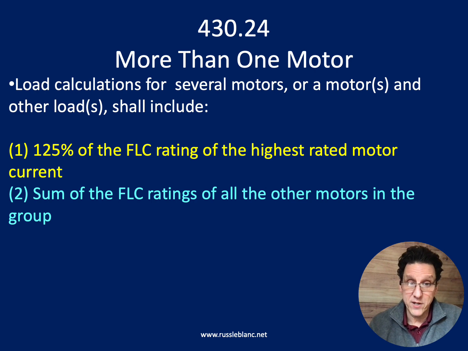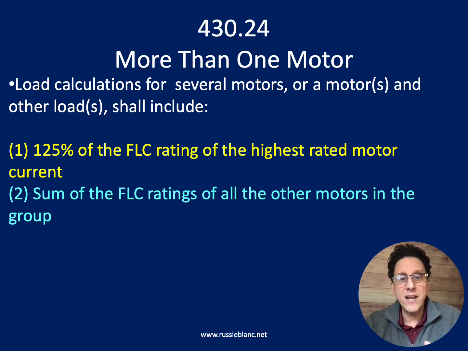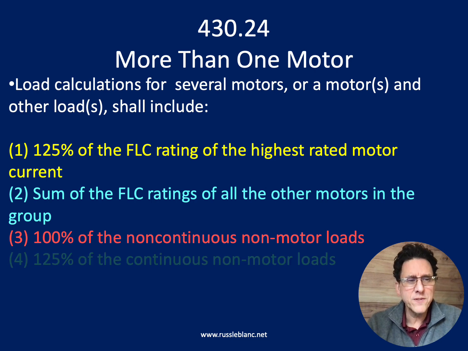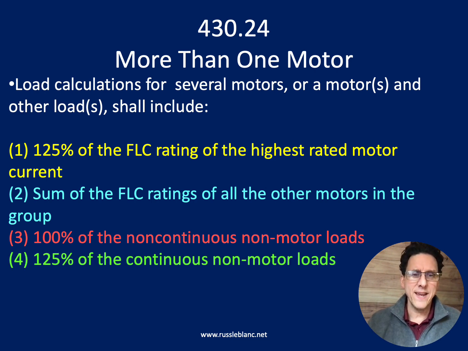And again, that's based on current, not horsepower, not VA. The motor current is taken at 125%. And then we add to that the sum of the full load current ratings of all the other motors in that group. And then we add 100% of any non-continuous, non-motor loads.